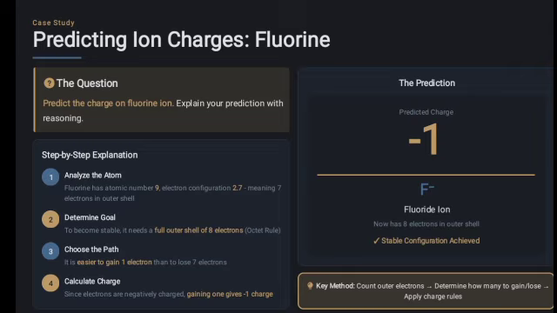It's 9. Got it? After getting the atomic number, the next step is the electronic configuration. 9 will be divided as 2 and 7. In the first shell, there will be 2 electrons, and in the second, there will be 7 electrons. Means 7 electrons in the outermost shell.